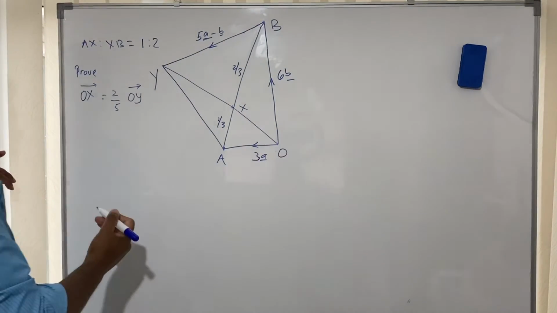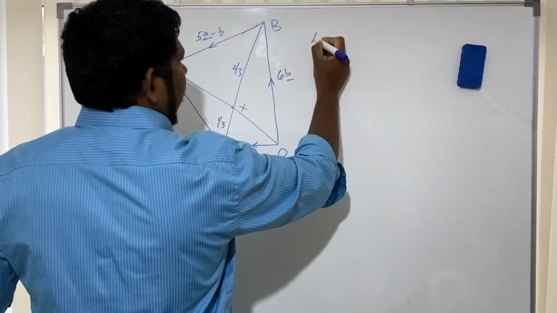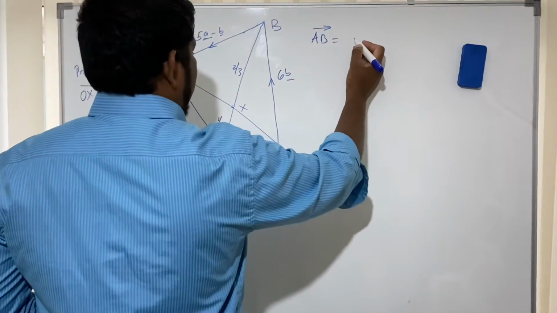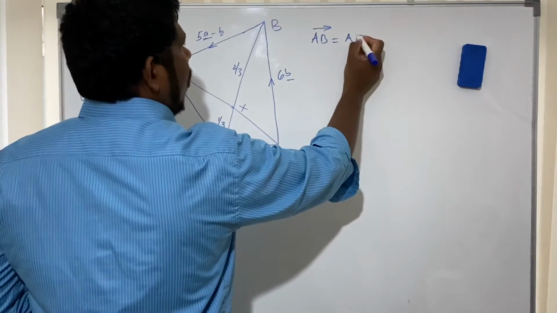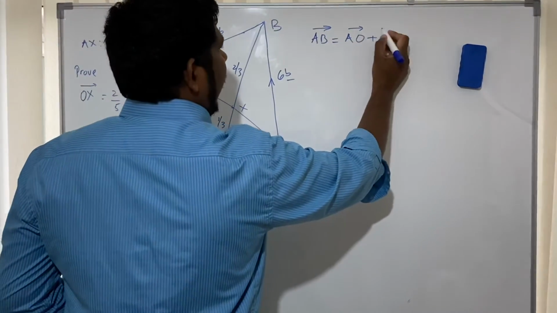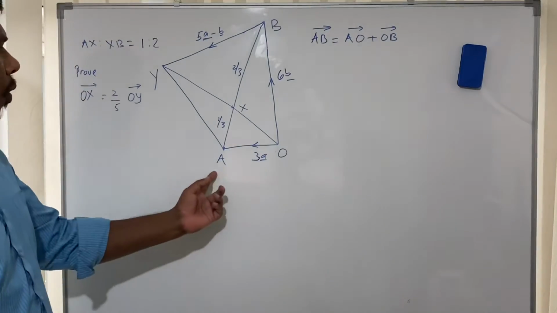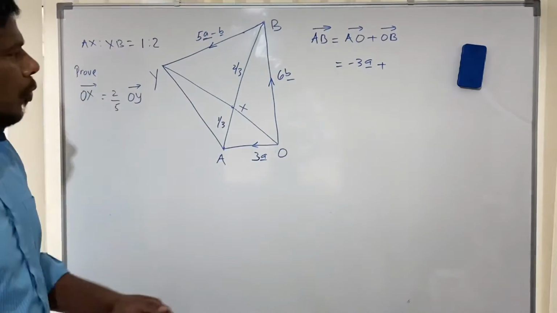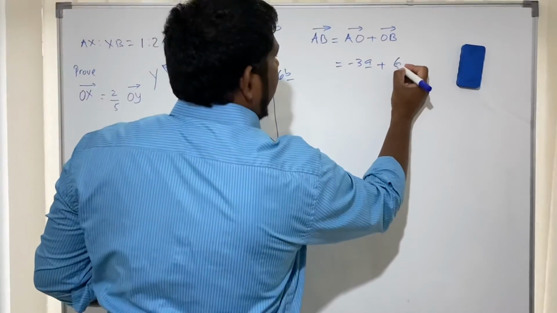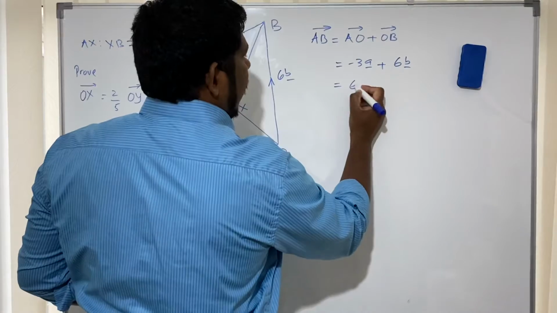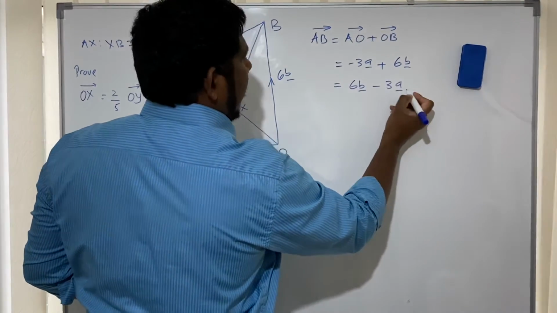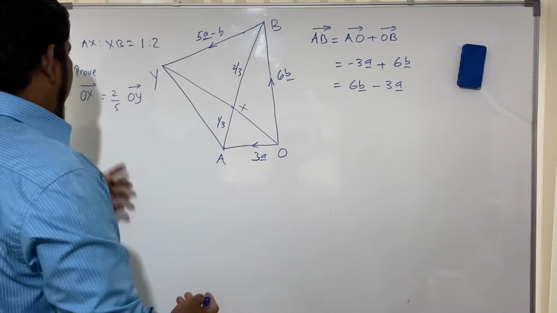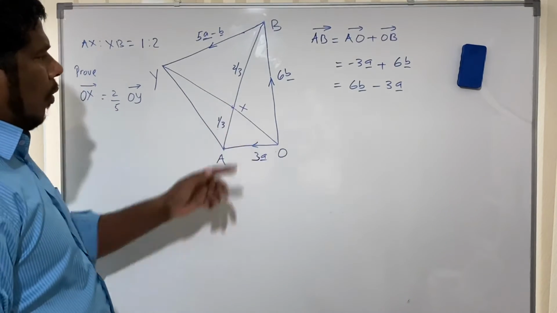Okay, the first part is to find AB. Vector AB is vector AO plus OB. Vector AO is negative 3a and vector OB is 6b. First we need to find vector OX.